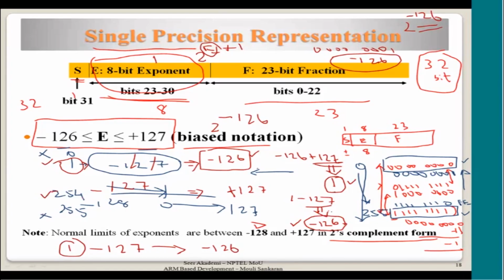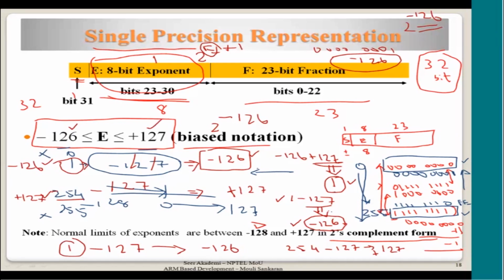Same logic. I subtract 127 from there, and I get 127. So this corresponds to positive 127. 2 power 127 I represent this way, and minus 126 I represented this way.